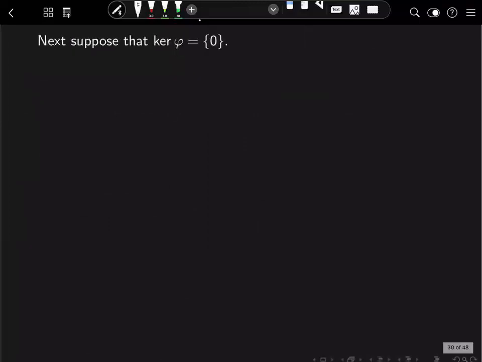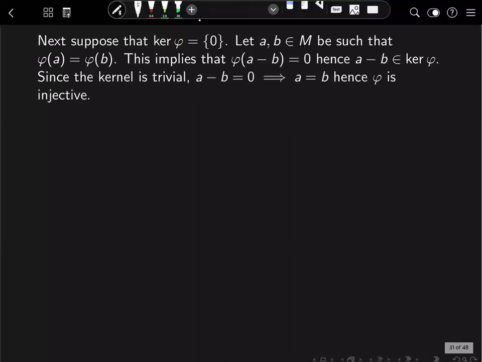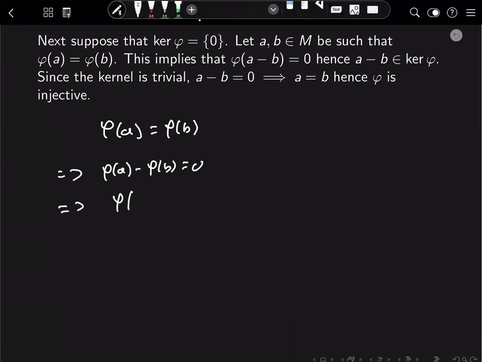Now, we'll suppose that the kernel of phi is trivial. This is a standard proof. So we let A and B be in M such that their images are the same. Phi of A equal to phi of B implies that phi of A minus phi of B is equal to 0. Using our homomorphism condition, we have phi of A minus B is equal to 0.